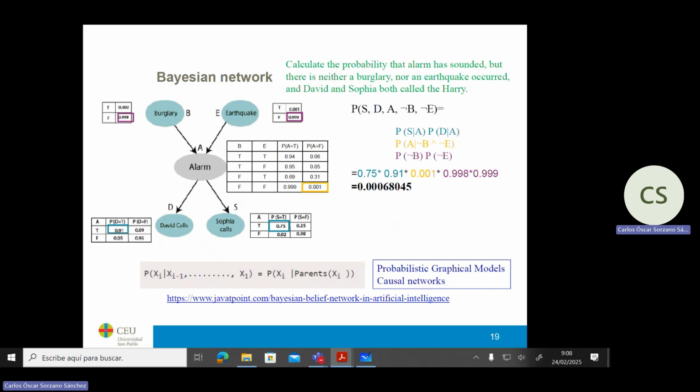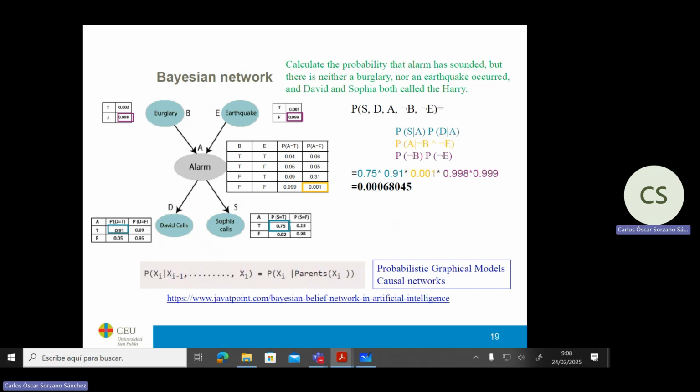And then the probability of not burglary, probability of not earthquake. Now you can put numbers on that. This is 0.75, this is 0.91. This is the mistake. You see, I should be reading this cell, not this one. So 0.999, and the probability of not B is 0.998.